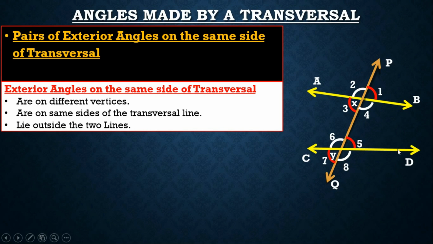Similarly, angle PXB and angle DYQ is one more pair of exterior angles on the same side of the transversal. Why? Because they are lying on the same side of the transversal. That is, arm XB and arm YD are lying on the same side of the transversal.